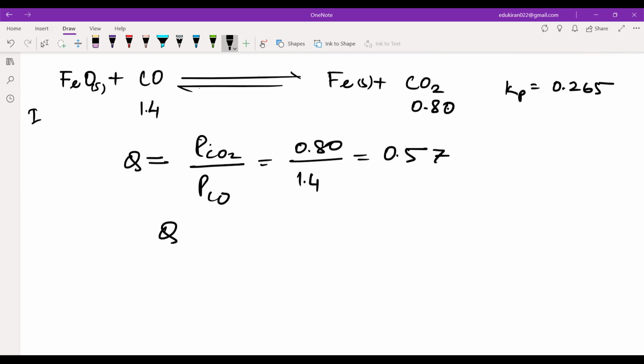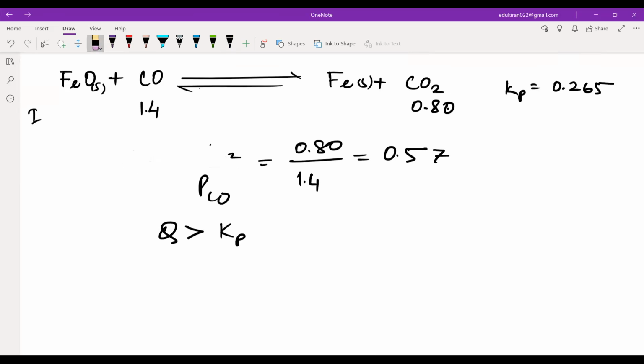So Q is greater than Kp. Now what will happen? Forward reaction or backward reaction? Backward reaction. Very good, backward reaction.